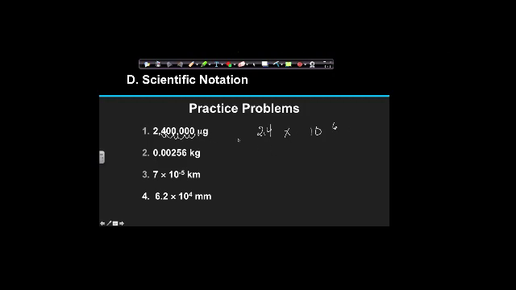So it should be 2.4 times 10 to the 6. Now let's move this one, and this one we're moving the opposite direction. 1, 2, 3. I moved it until there was only one number in front of the decimal, which would be here. So it's 2.56 times 10, and I moved it 3 times. But since this number is smaller than 1, it is a negative exponent.